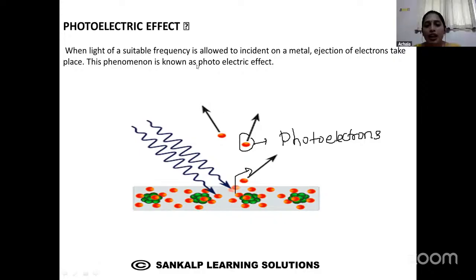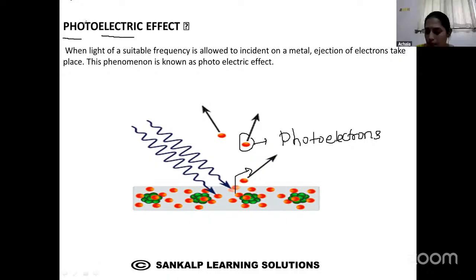Therefore, this is called photoelectric effect. Photo means light, and electric refers to electrons, and the effect relates both radiation and electrons.